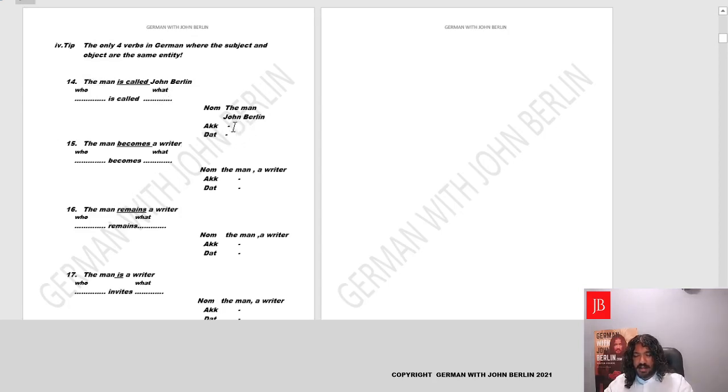But as you see here, I have not written anything under accusative. I have written both of them under nominative. Why? Because if you look at it closely, the man and John Berlin are the same person. Since they are the same person, basically the subject is equal to the object, and in such a scenario the case doesn't change. There are only four verbs in German which we'll be learning shortly.